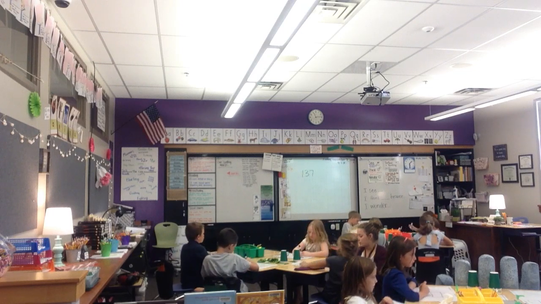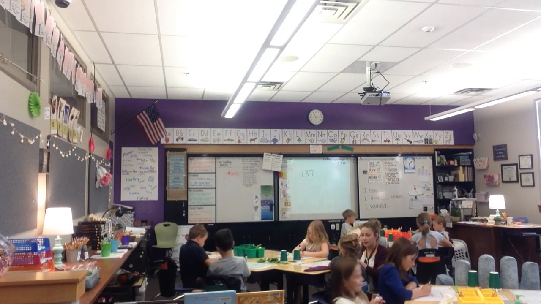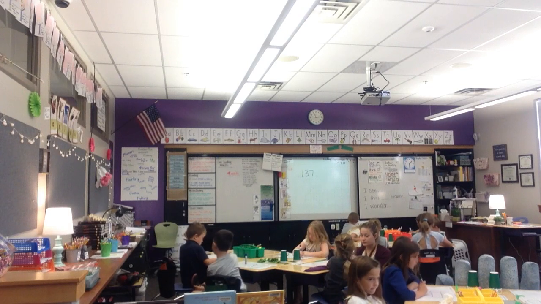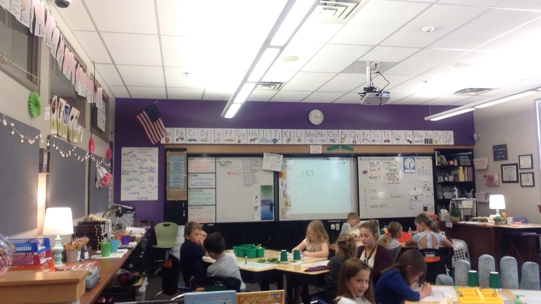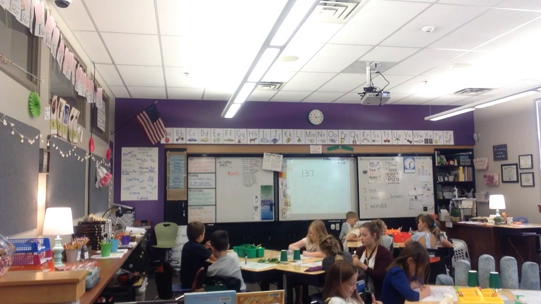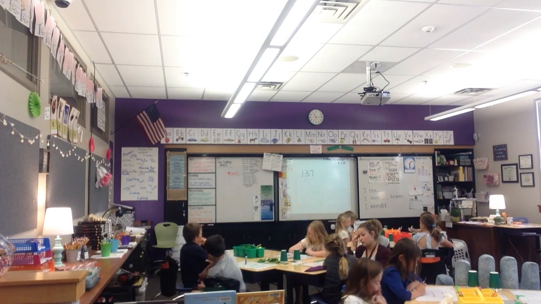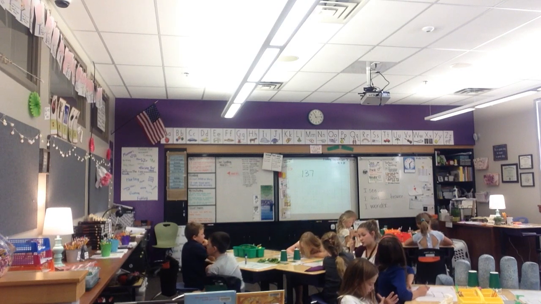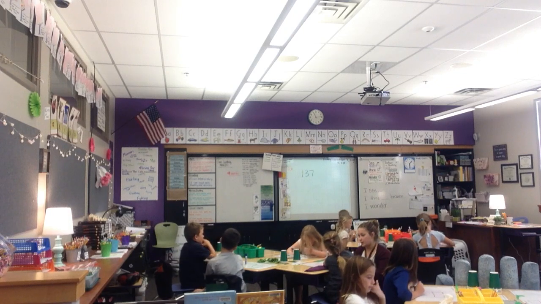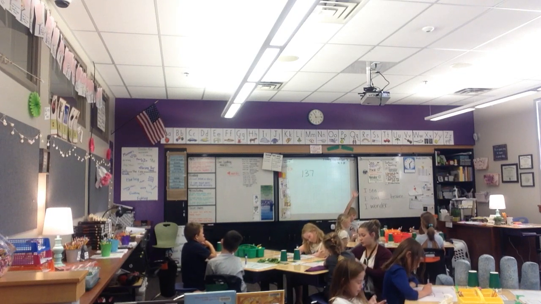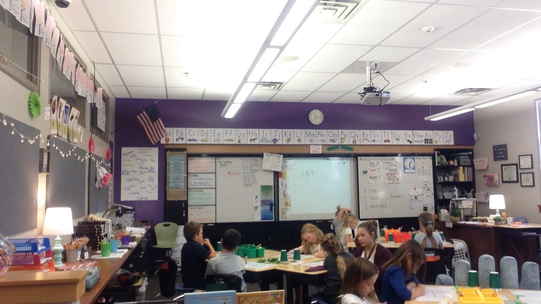Okay. And then how many tens do we have? Okay. So what shape do we use to draw our tens? Another rectangle. For our tens, we'll do a rectangle, right?